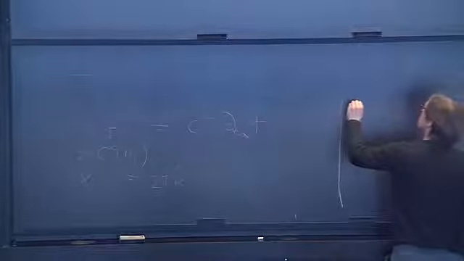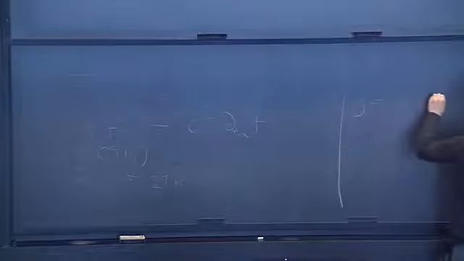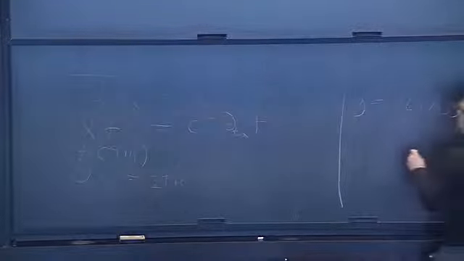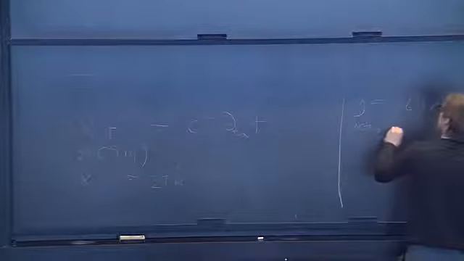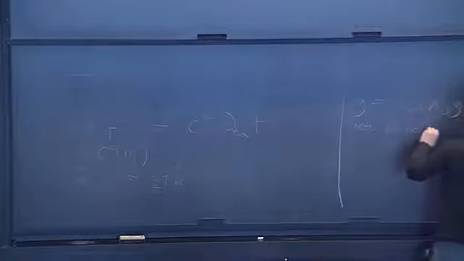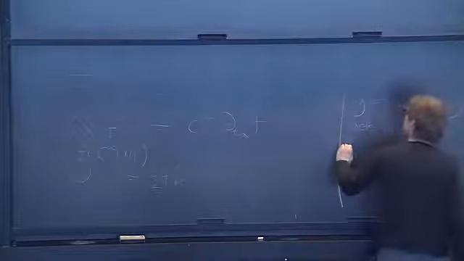So G is the space of gauge transformations on space. And this acts in the natural way. And then the Hamiltonian.